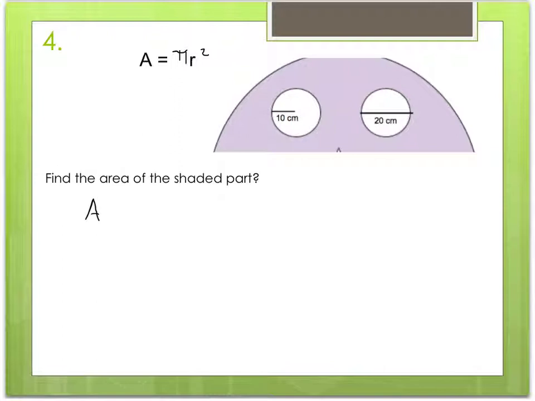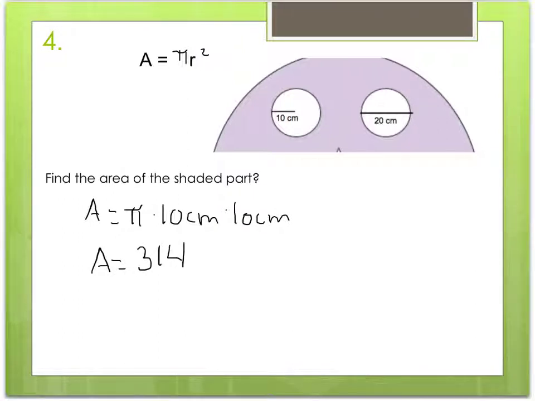So A is equal to pi times our radius, which is 10 centimeters by 10 centimeters, which gives us an area equal to 314 centimeters squared.